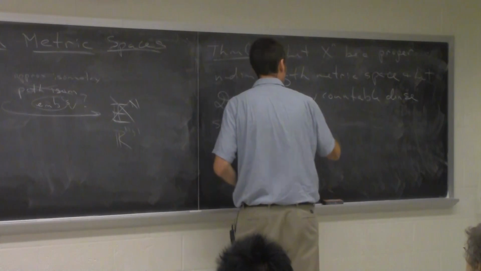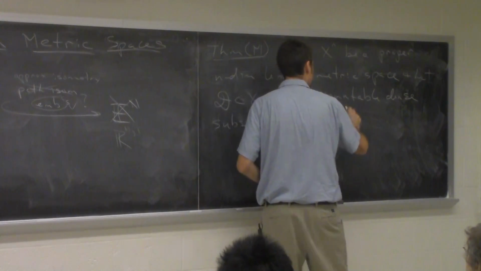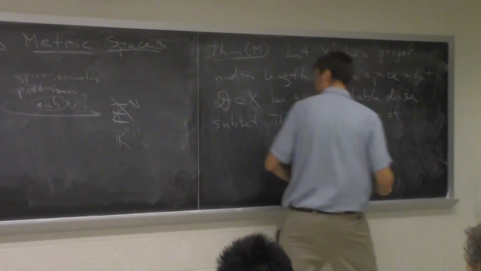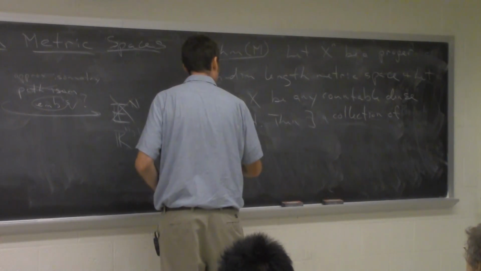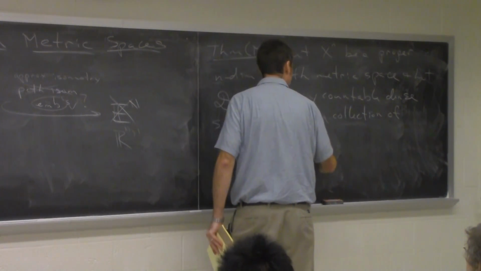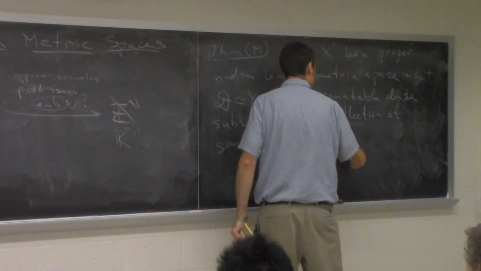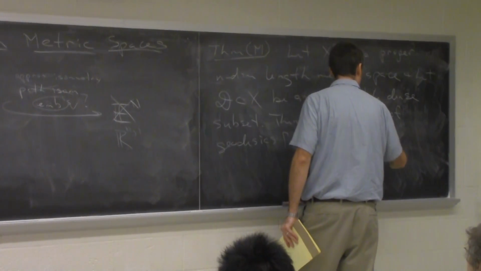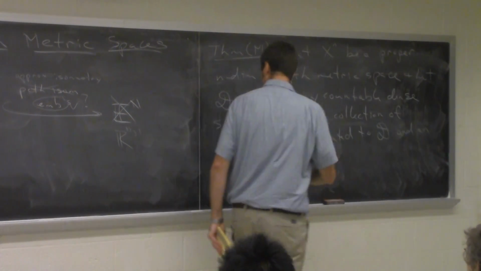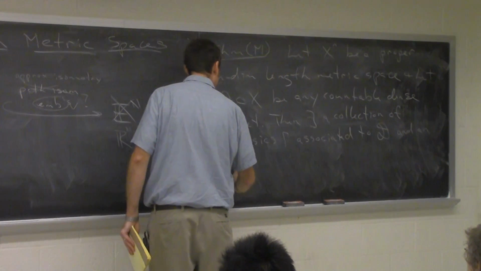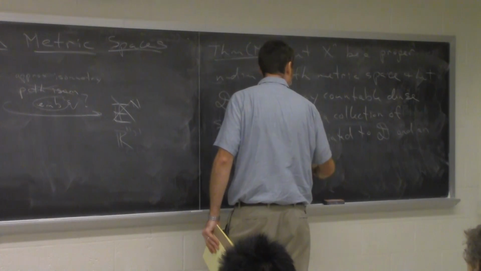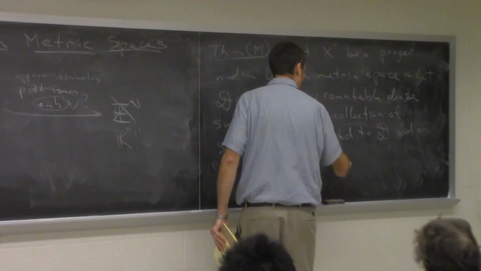Then there exists a collection of geodesics, capital Gamma, associated to D, and an embedding F, which goes from your space into R^{3n+6,1}.